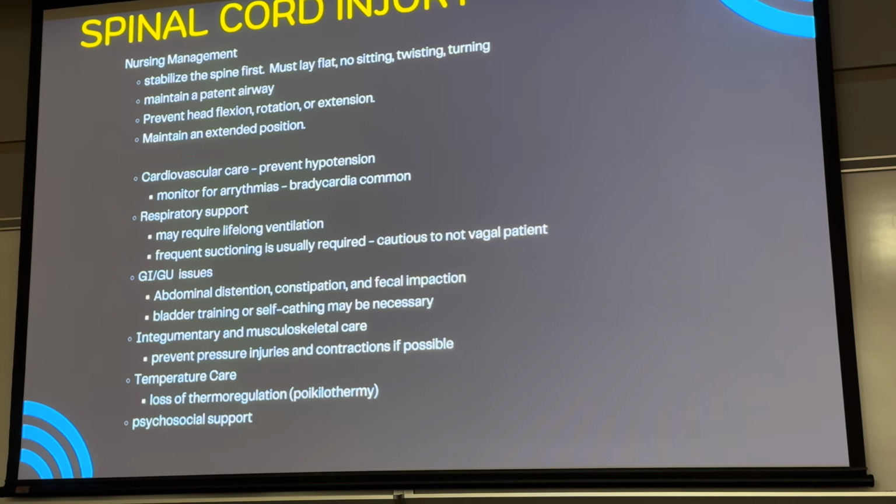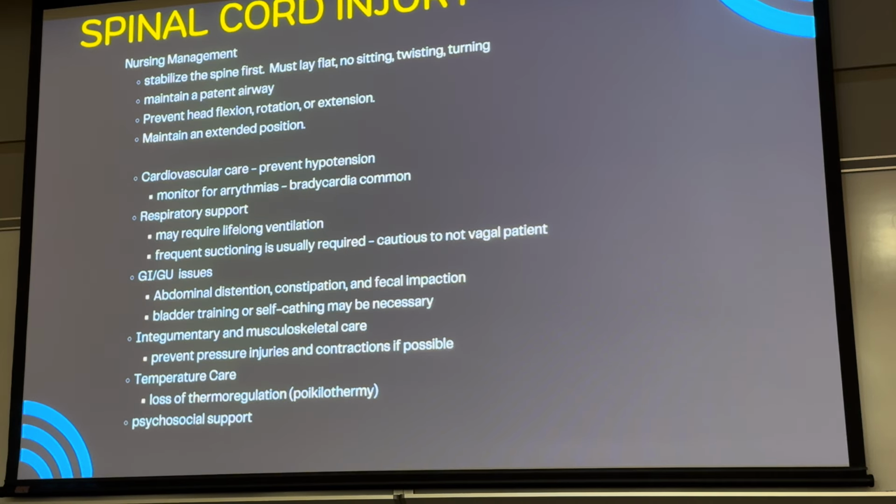GI, GU issues. Remember, that's going to play a factor. I think we're going to talk about it on the next slide in just a minute. Fecal impactions, bladder distension. You want to get them on a bowel schedule if possible. So using the restroom at the same time every single day kind of gets their body on a schedule. So they'll kind of poop and pee at the exact same time every single day.